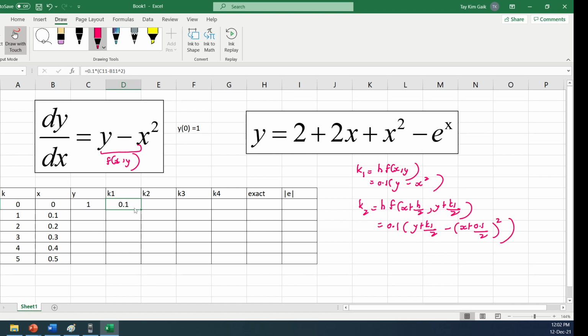Okay, so if you try to copy it, first of all, I'll show you the incorrect one. If you copy the formula, you see, initially when you click back on the formula in K1, it selects x and y correctly, C and B. And you see the formula, I put it out here for you to see.